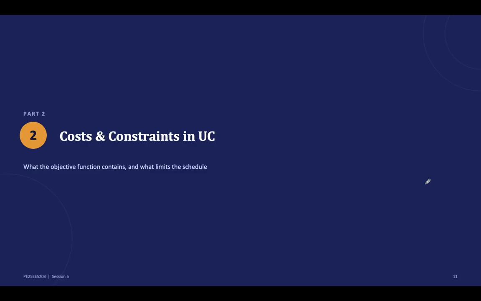Cost and constraints in UC, again, the most relevant. What all is involved? I want to give a bit of introduction here because this is what gives you understanding about the next slides. The unit commitment objective cannot be understood by looking only at the fuel cost curve.